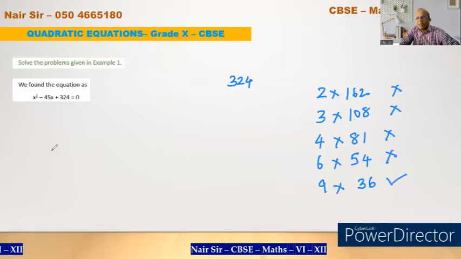This meets my requirement: 9 into 36. I've got my two numbers.